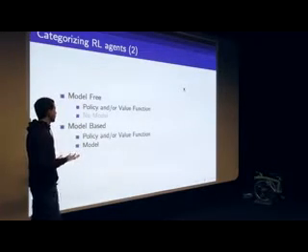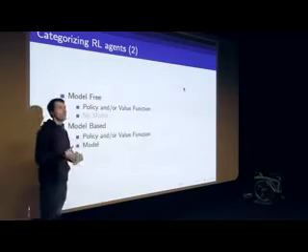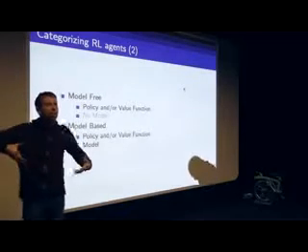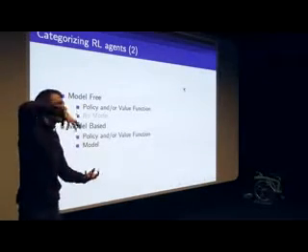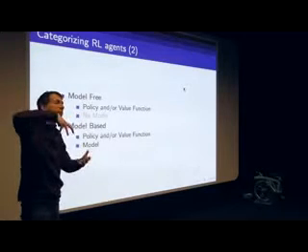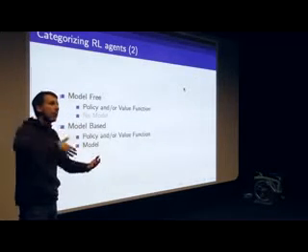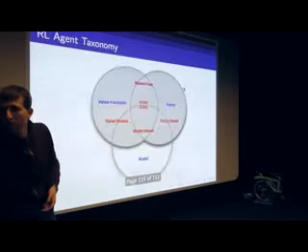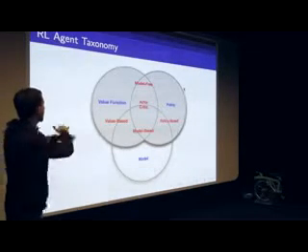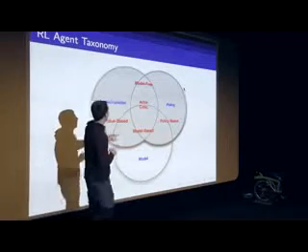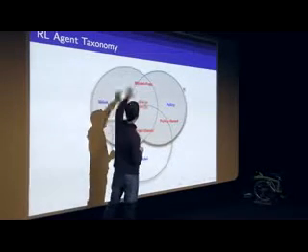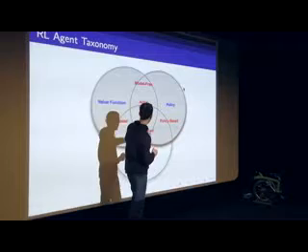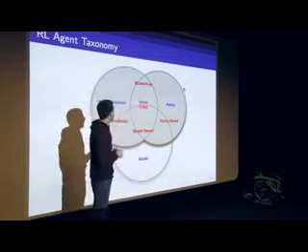Alternatively, we can do model-based reinforcement learning, where our first step is to build up a model of how the environment works. We first build our dynamics model of the helicopter, and then we plan with it. We do look ahead. We say, what would happen if we looked ahead with this model and figured out the optimal way to behave. So we have something like this Venn diagram now, where we can either have a value function or not, we can have a policy or not, we can have a model or not.